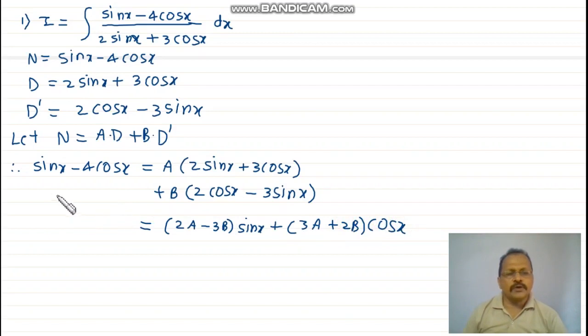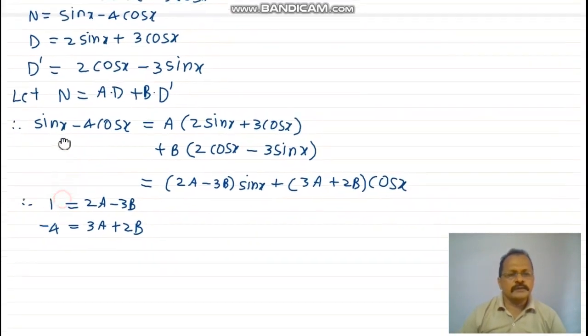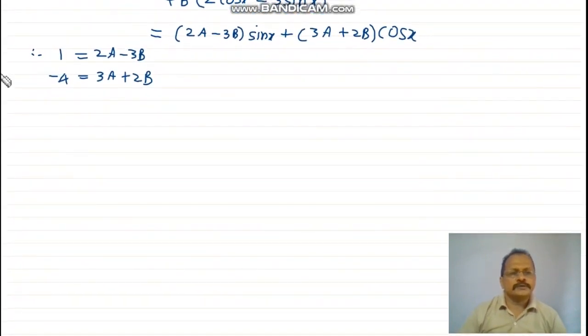Now compare the coefficients of sin x and cos x on both sides, and therefore we get 1 is equal to 2a minus 3b and minus 4 is equal to 3a plus 2b. Let us solve these two equations simultaneously. I prefer to use Cramer's rule.